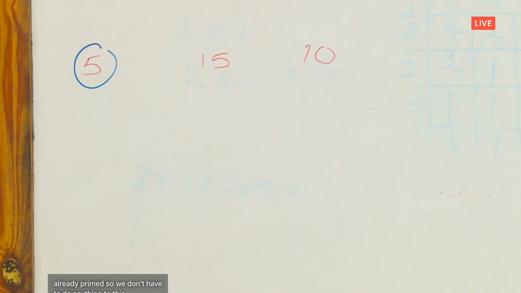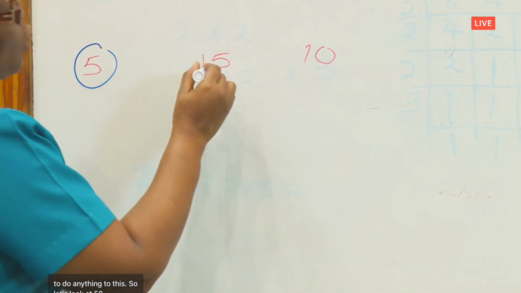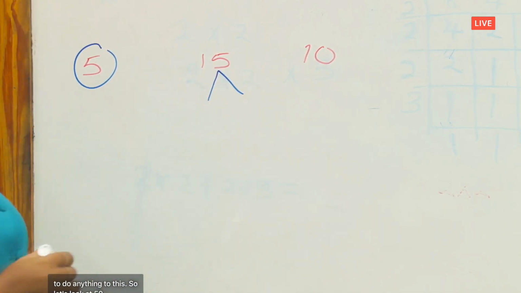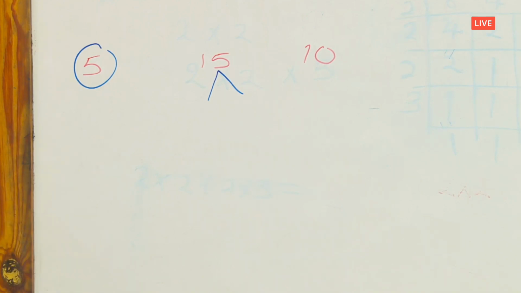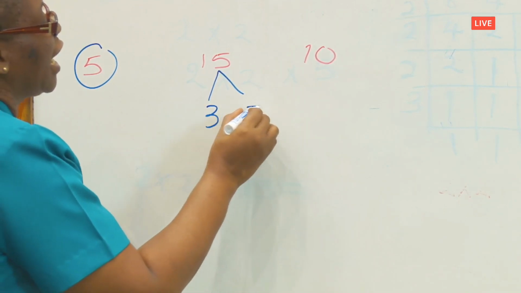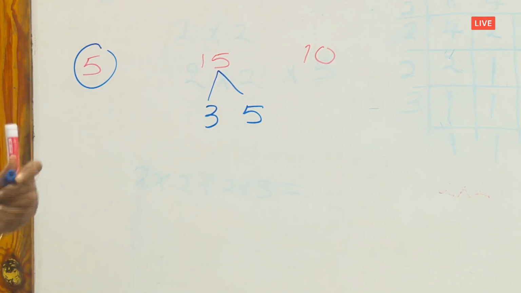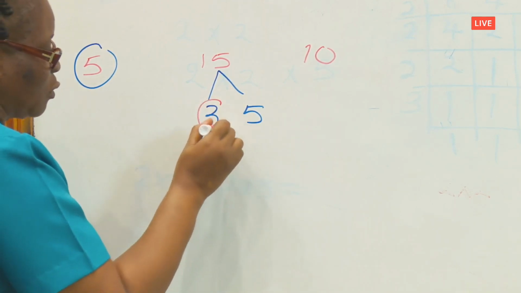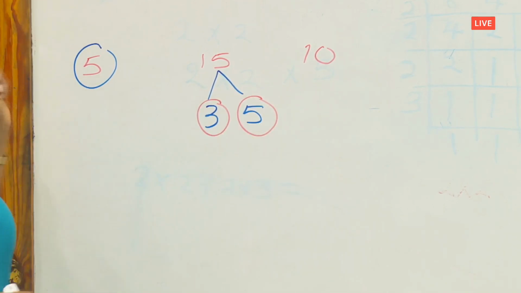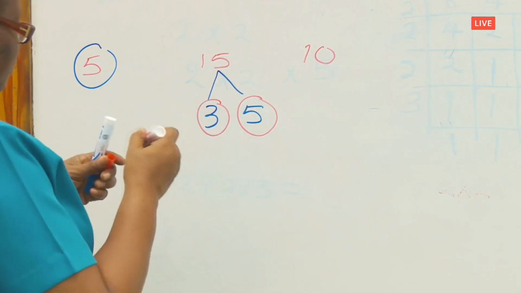I don't need to branch this because this is already prime, so we don't have to do anything to this. So let's look at 15. So I branch 15. Very good. 3 times 5. Excellent. So I circle both of them because both of them are prime.